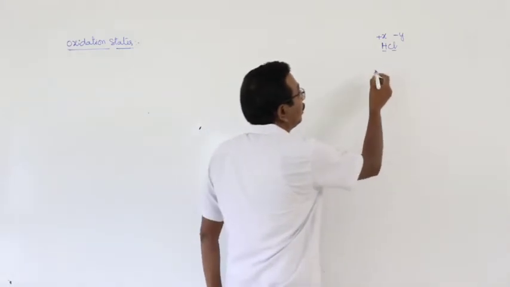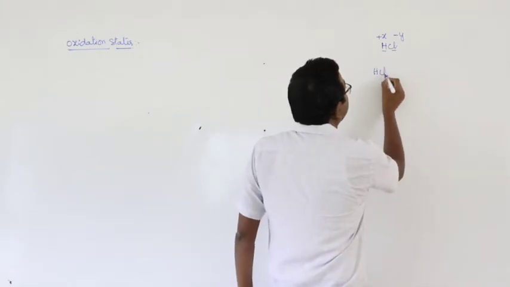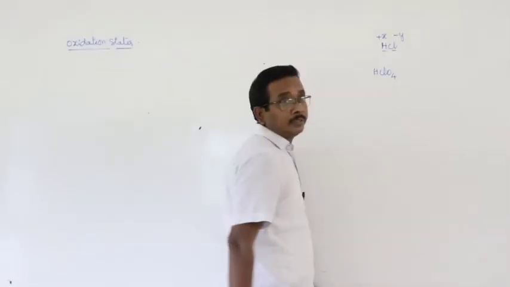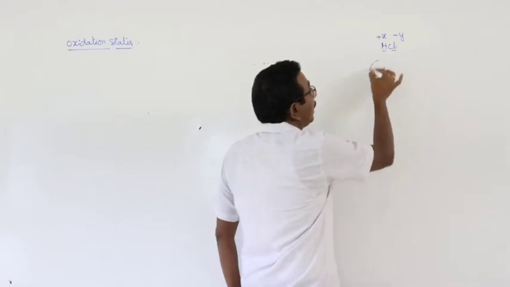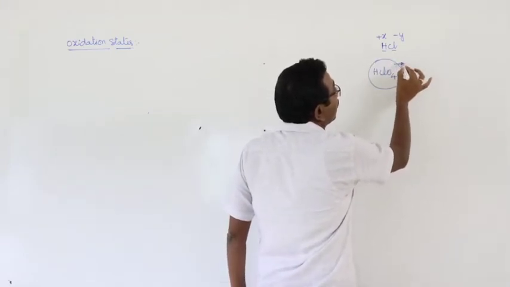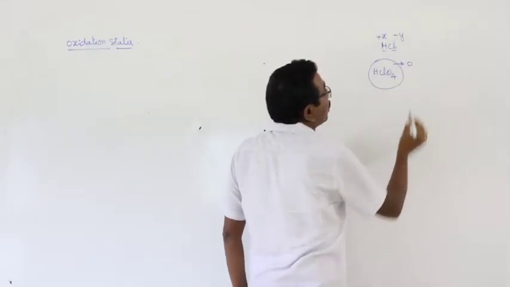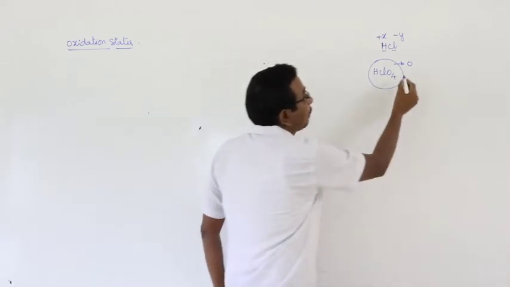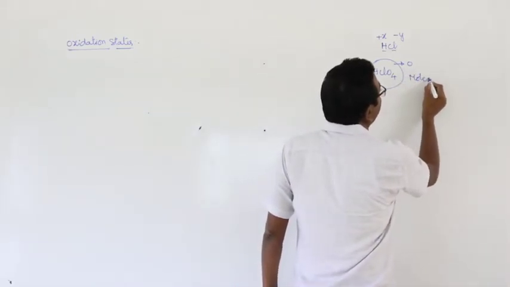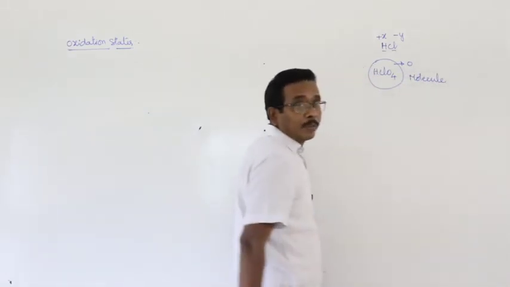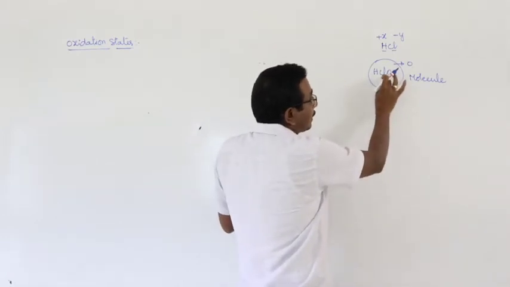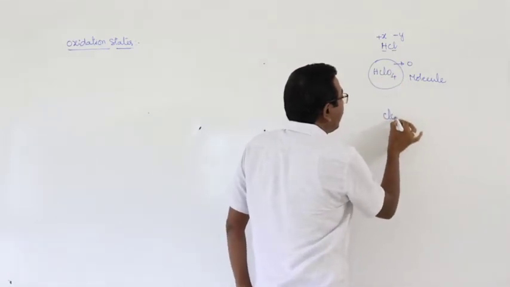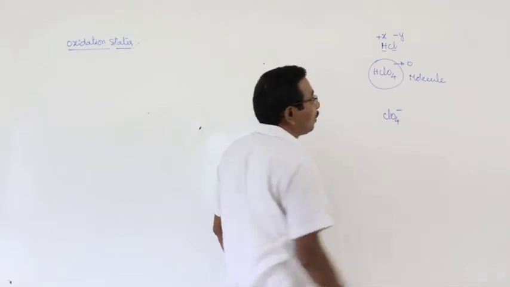Take for example, HClO4, this is a molecule. Here there is no charge for this. The total sum of the charges is equal to 0. Then that is represented as a molecule. Here the same species can be represented as ClO4 minus ion.